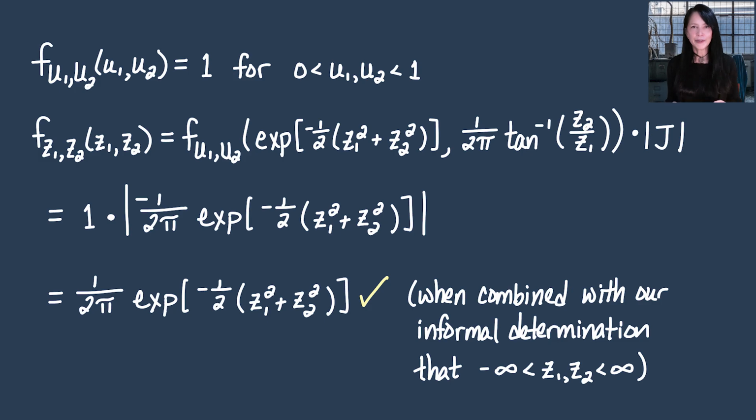And if you factor it, you will see 1 over the square root of 2 pi e to the negative 1/2 z1 squared. So that's one of the standard normals, and 1 over the square root of 2 pi e to the minus 1/2 z2 squared, the other standard normal PDF. So you can see independence, and that z1 and z2 are standard normal.